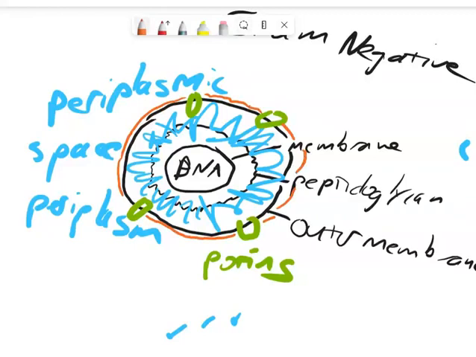In some cases, it's called lipopolysaccharide. So most often it's a lipid attached to a carbohydrate or sugar.